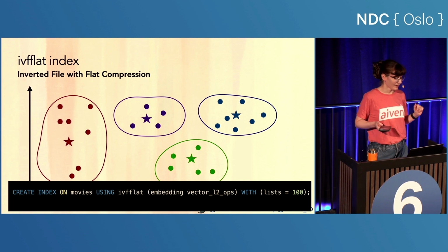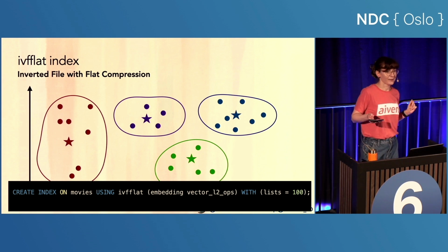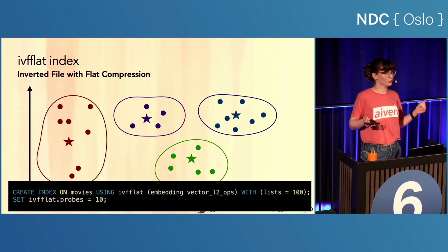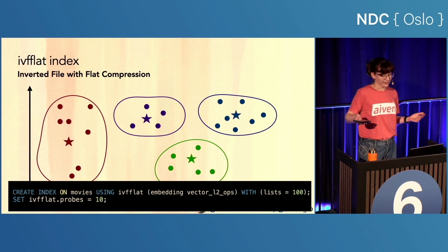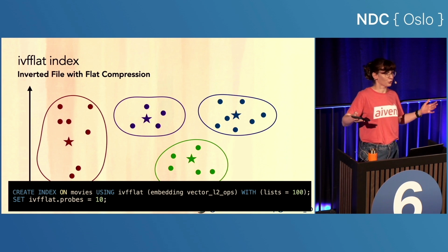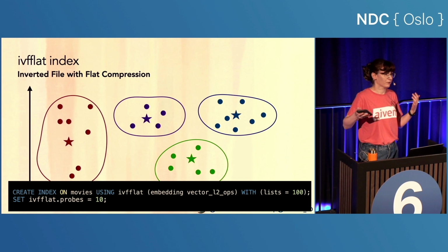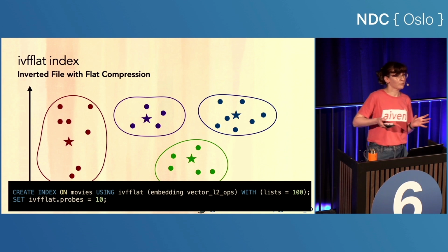For this particular index, we define the number of clusters which we want to have. Here it's the lists. And we can also define how many of the clusters you actually want to search when you are doing that vector search with indexing. So, number of probes. Obviously, the more clusters you have and the fewer items per cluster you have to search, the faster the vector search will be. But then you have the danger of accidentally missing the closest neighbors because they belong to a different cluster.